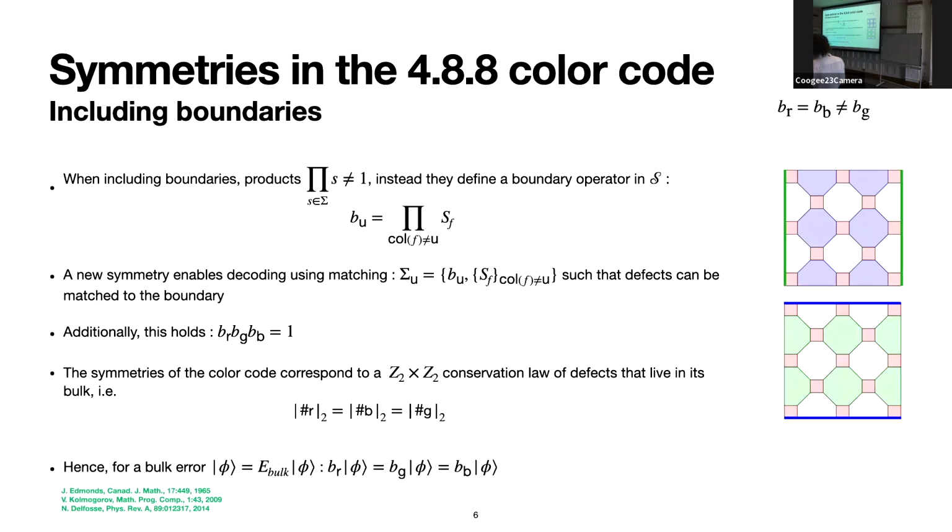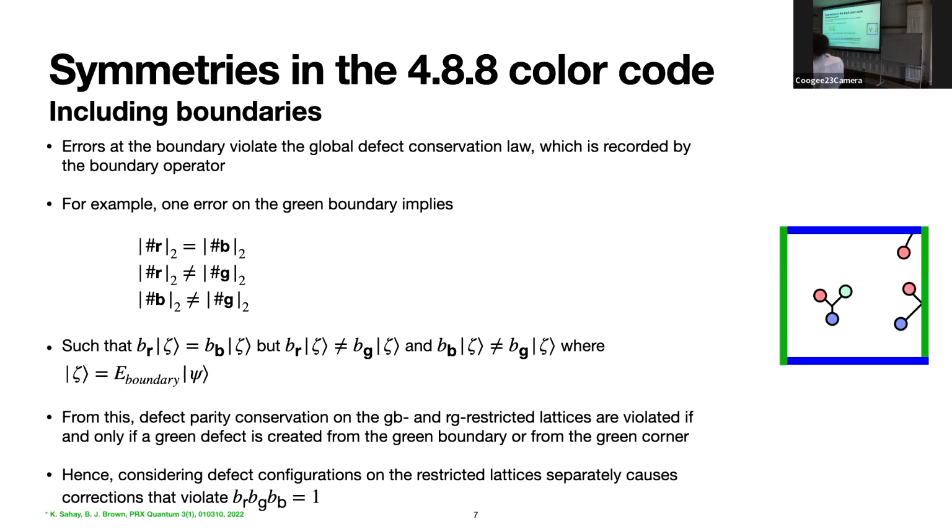From that, we also see that if we have an error in the bulk and we apply a boundary operator to the state, it shouldn't do anything, because the boundary doesn't have any support on the stabilizers in the bulk of the lattice. So errors at the boundary will violate the global defect conservation law of the code. We can see it here.